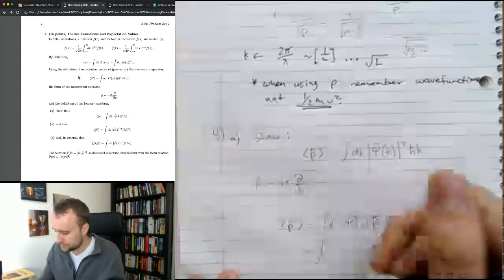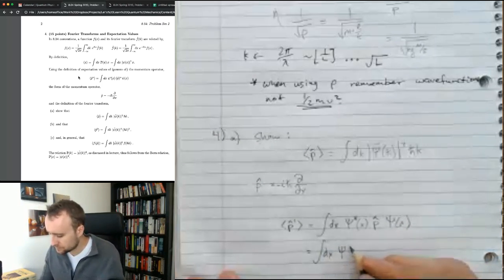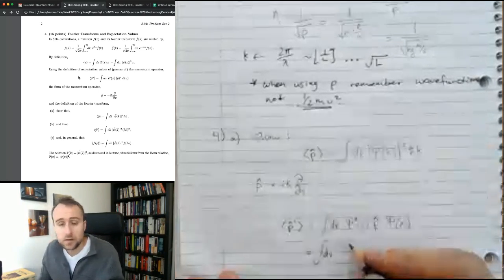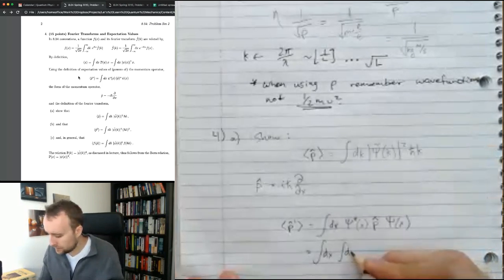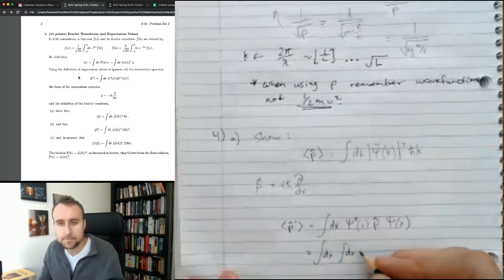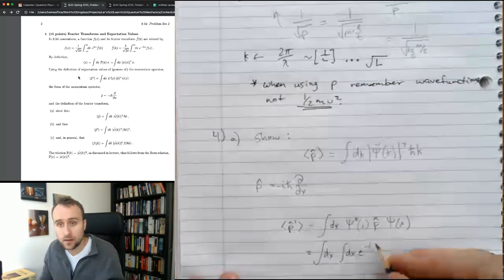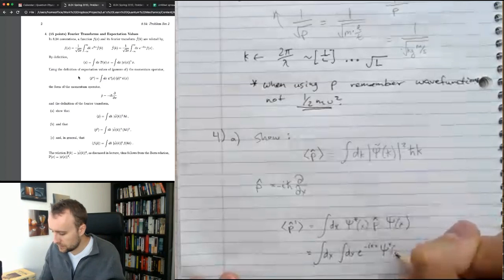Yeah, x. So this is going to be the integral of dx e to the negative i kx psi complex conjugate of x.